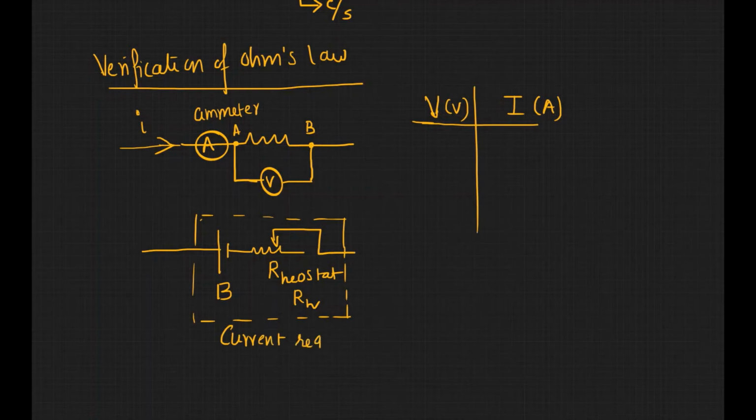This is exactly how your fan regulator works. As you turn the knob, you're changing the resistance, and so does a rheostat, and that changes the current that is supplied to your circuit.